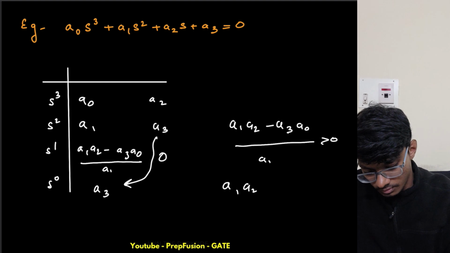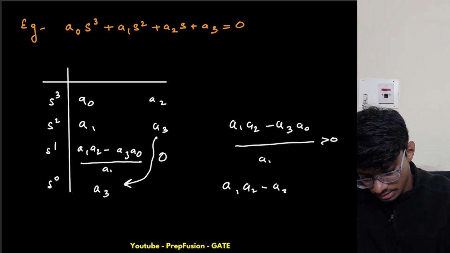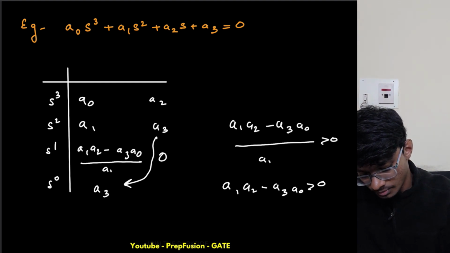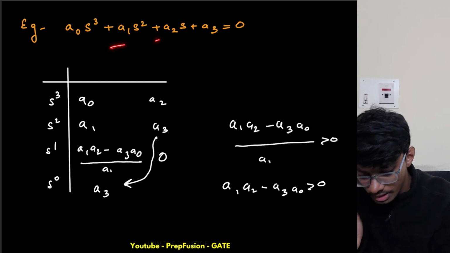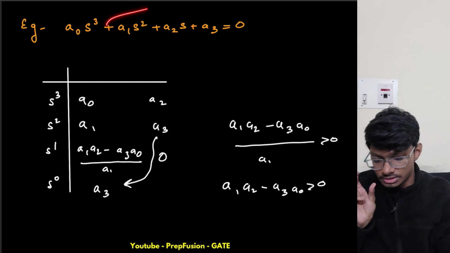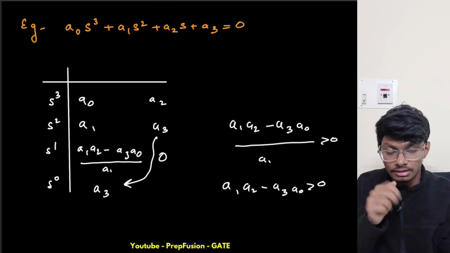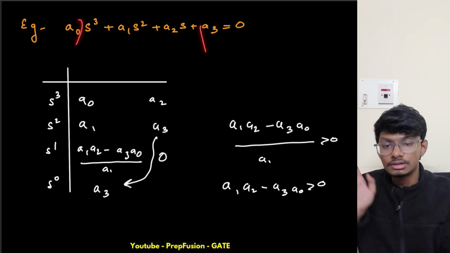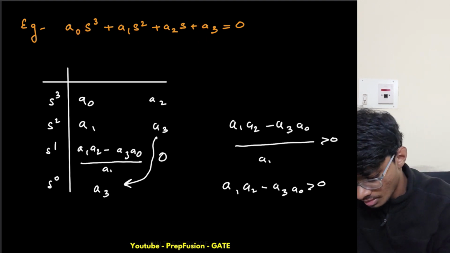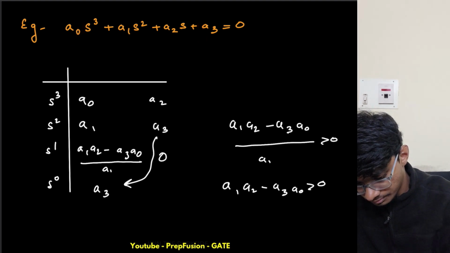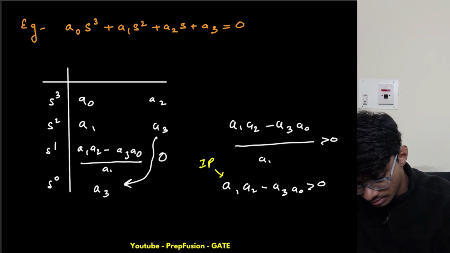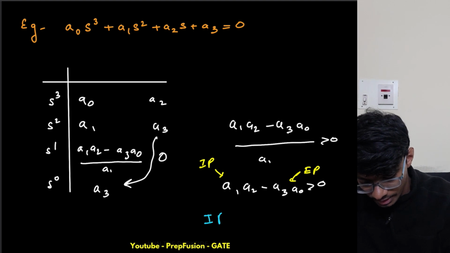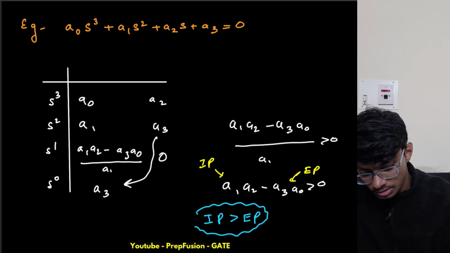So a1 a2 minus a3 a0 is greater than 0. Now what are a1 a2? These are the internal products, inside the characteristic equation, and a0 a3 are the external ones, outside the characteristic equation. So this is known as the IP and this is known as the EP. From here we can derive that IP should be greater than EP. So this is how I got this relation.